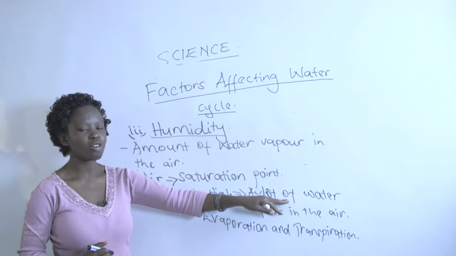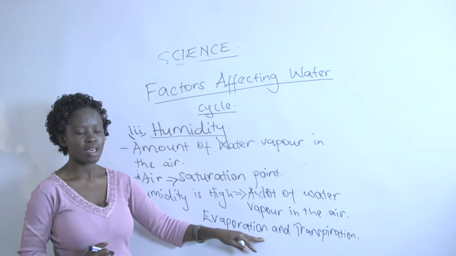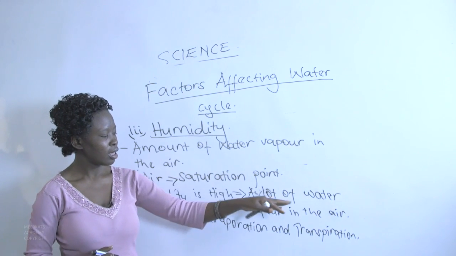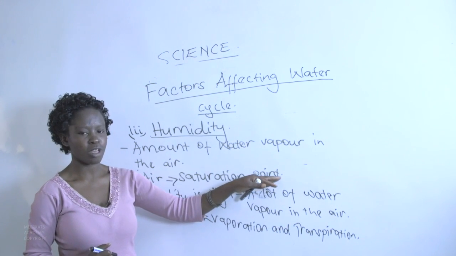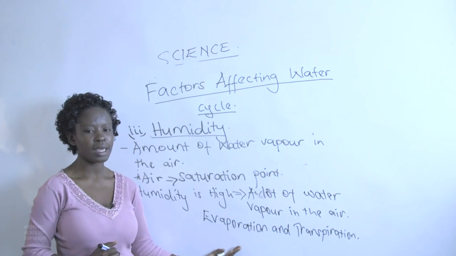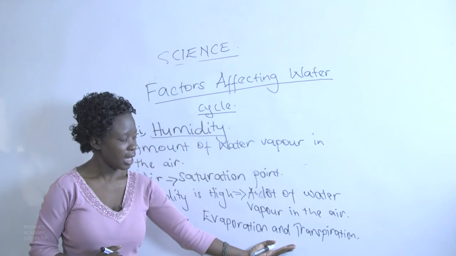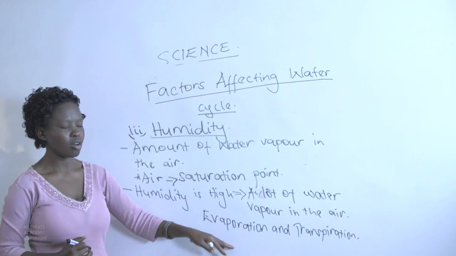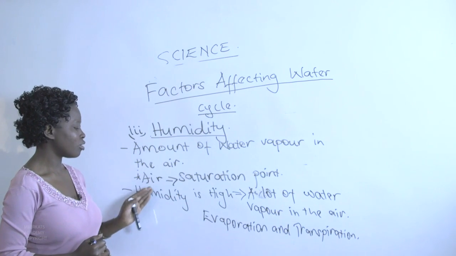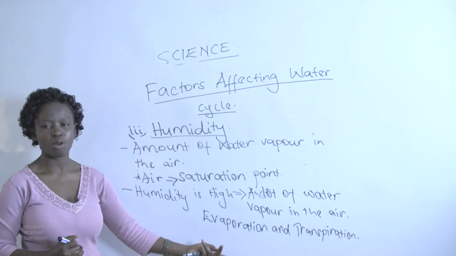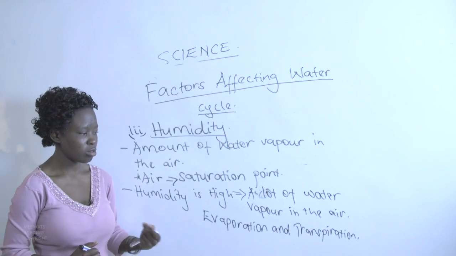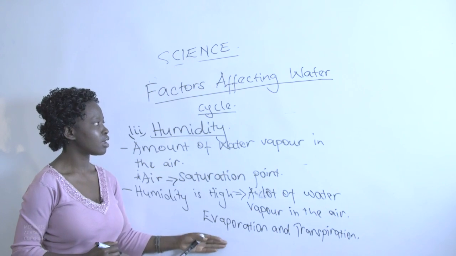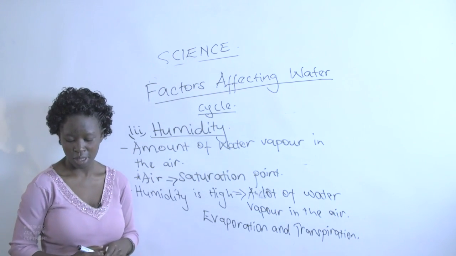High humidity lowers the rate of evaporation and transpiration, but when the humidity is low, evaporation and transpiration will be at a faster rate compared to when the humidity is high.